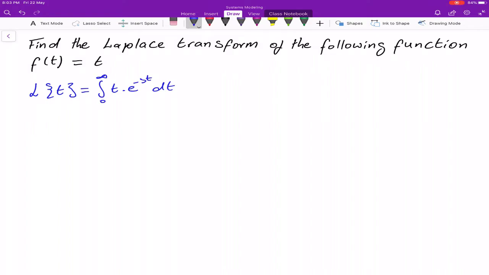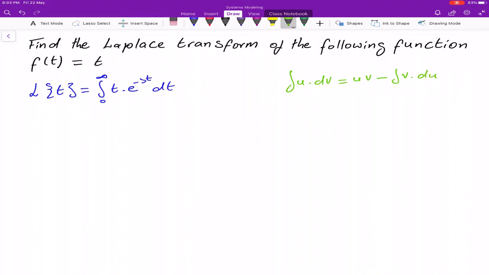And remember, our equation for the integration by parts, it was, we want the integral of u times dv, which is equal to uv minus an integral of v du.